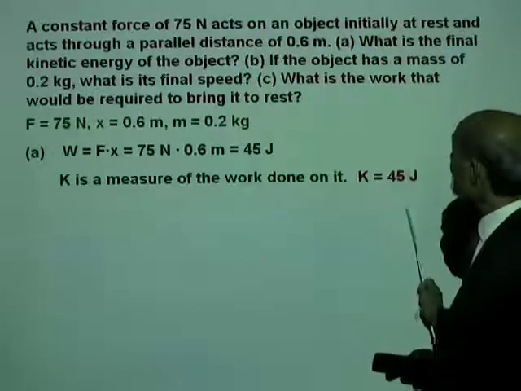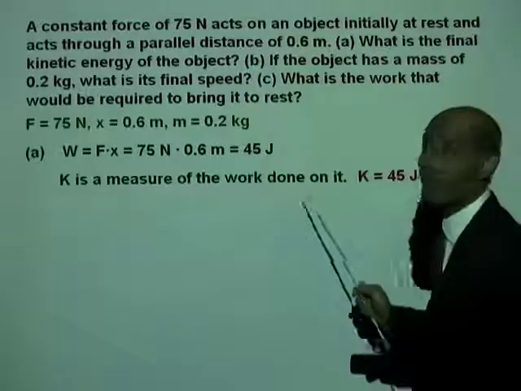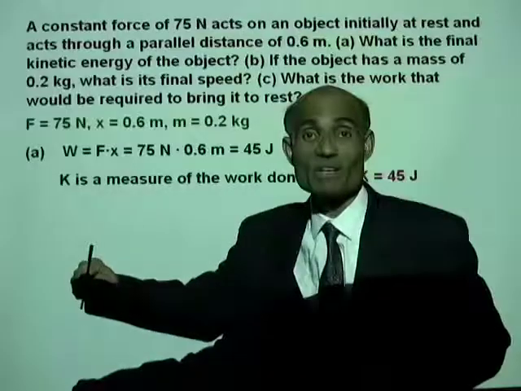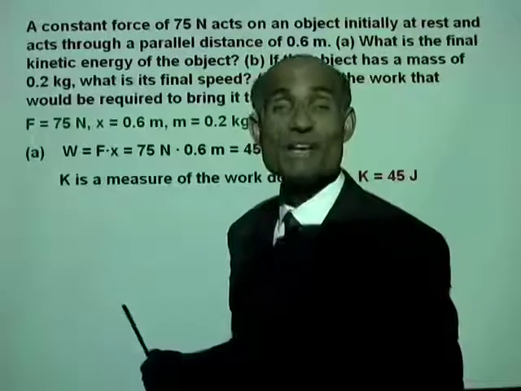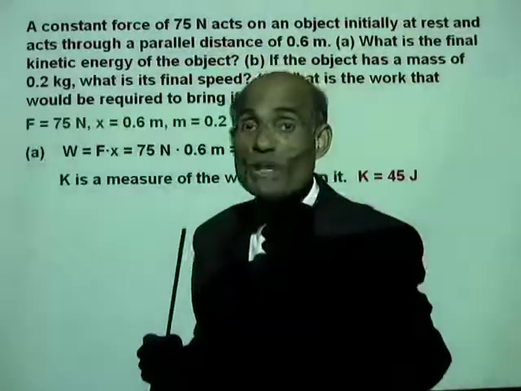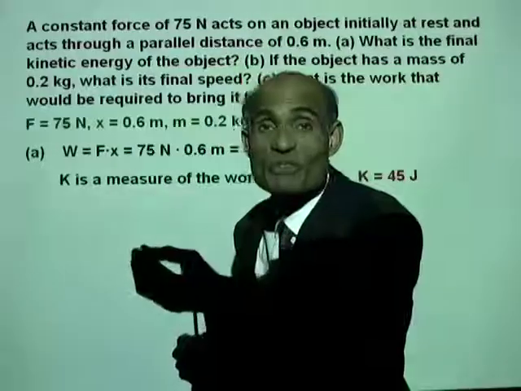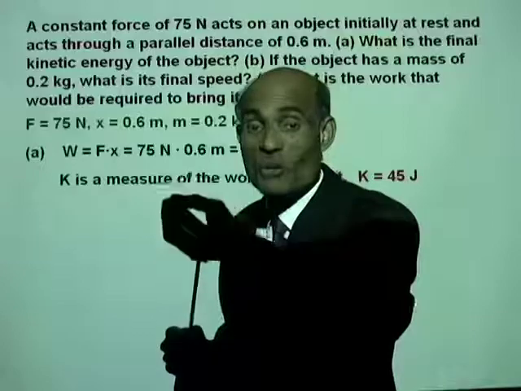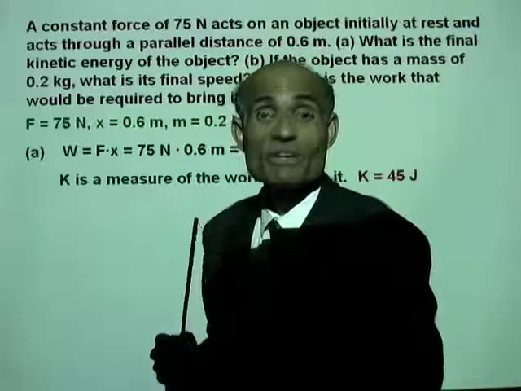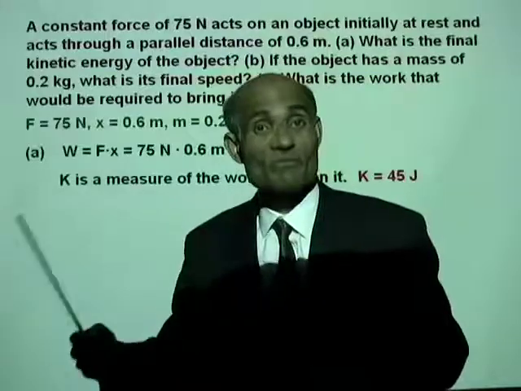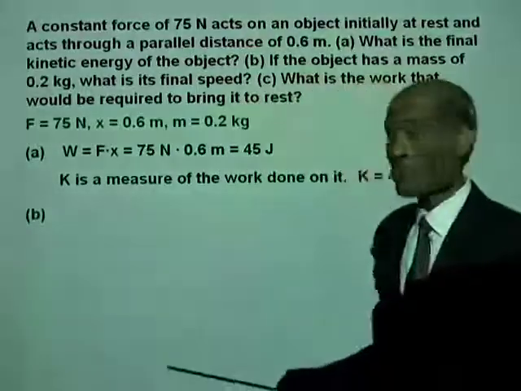Now, if the kinetic energy of the object is 45 joules, what is the final velocity? Kinetic energy is a measure of the work done to give an object a velocity v. And when the object has a velocity v, its kinetic energy will be 1/2 mv squared. Is that right?